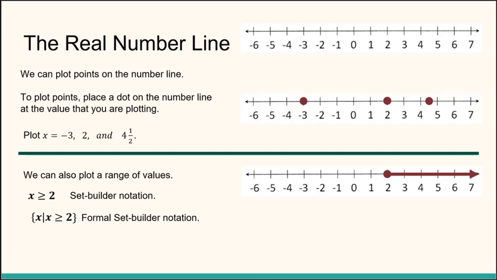The curly bracket means the set of all, and then we have an x. That straight line down means such that, and then we have x is greater than or equal to 2, and then we end that with a curly bracket. That's formal set builder notation.